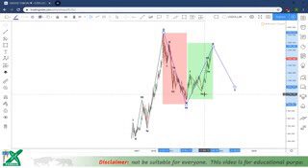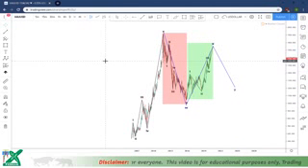So in every time frame, if you are trading the 4-hour chart, you can get an uptrend, but if you are trading the daily chart, that 4-hour trend can be a consolidation.